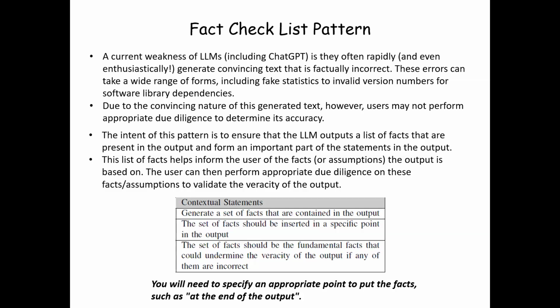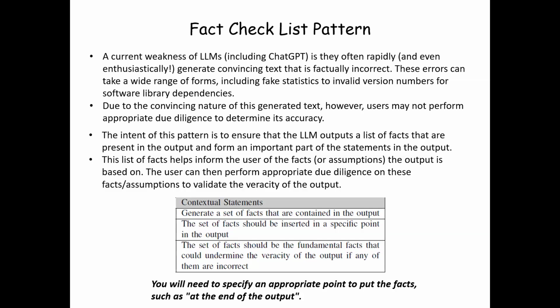In order to apply this pattern, the prompt needs to follow this statement: generate a set of facts that are contained in the output. The set of facts should be inserted at a specific point of the output, so you can list all the facts at the end of the output. The set of facts should be the fundamental facts that could undermine the correctness of the output if anything is incorrect.